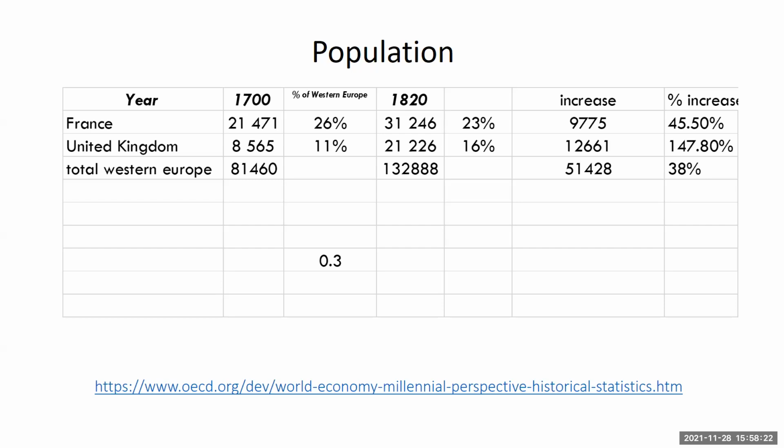From the table, we can see that while France remained the most populous nation in Europe, the United Kingdom's relative share of the total population grew considerably. There remains a great deal of disagreement about the reasons, mechanisms, and structures that contributed to this population increase. Family size, internal migration, urbanization, improved sanitation, among others, all undoubtedly factor into this macro trend.